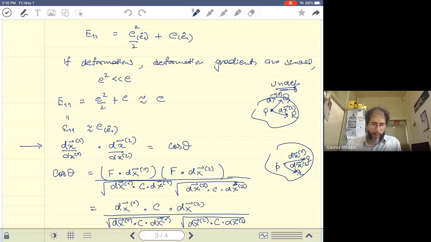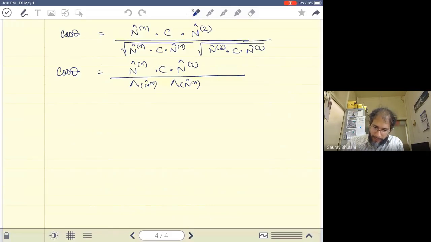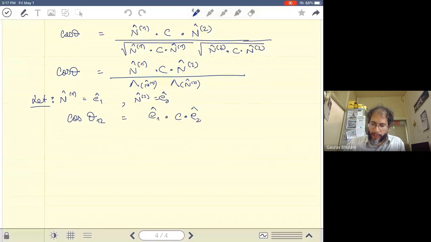Now, if we take them to be perpendicular, in fact, if I take N1 as E1 direction, and I take N2 as E2, so let's assume that this is the case, then cos theta, we tend to write that as theta 1, 2, as we have seen earlier, and then E1 dot C dot E2, this, as we know, is nothing but C12.